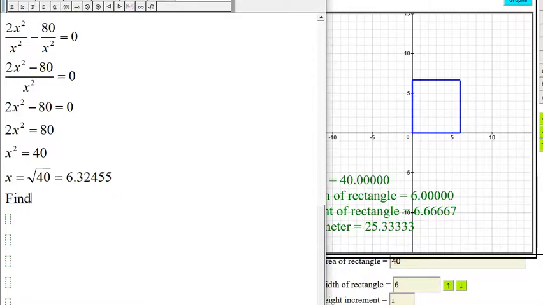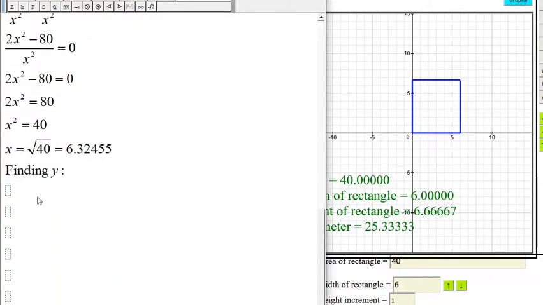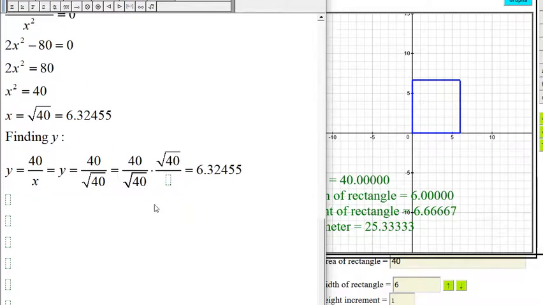And now we need to find y. So we go back up here. y is equal to 40 divided by the square root of 40, and this is the same as the square root of 40. The reason for that is that if we rationalize the denominator, meaning multiply the top and the bottom by the square root of 40, this would be 40 times the square root of 40 on top.